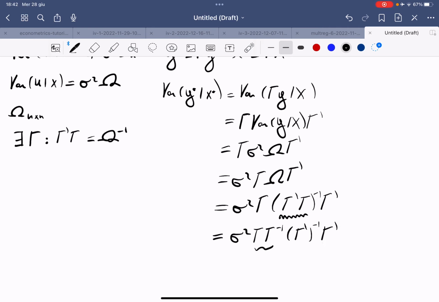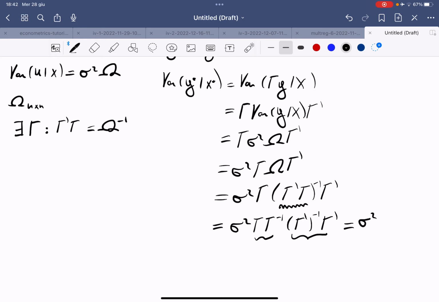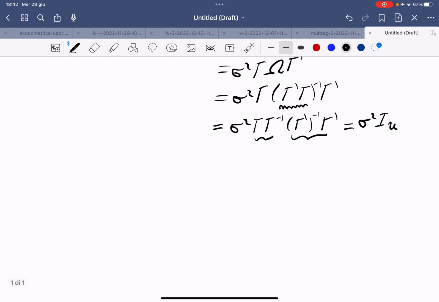This is equal to the identity matrix. So the variance of these modified values of y is equal to sigma squared times the identity matrix.